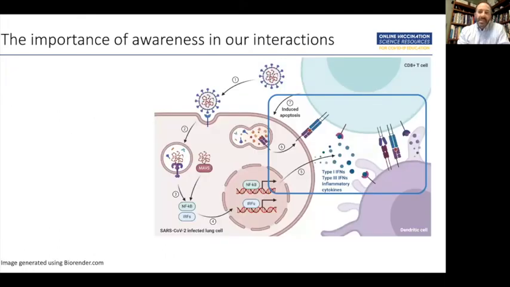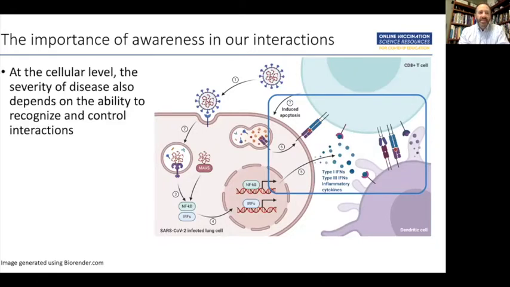The same principles apply at the cellular level. In this image, we're seeing the interactions among cells in our body. The cell on the left side of the image is a lung cell that has been infected with the SARS-CoV-2 virus that is responsible for the COVID-19 disease.